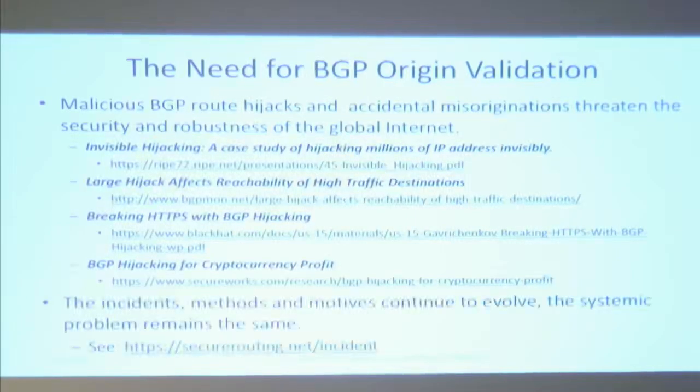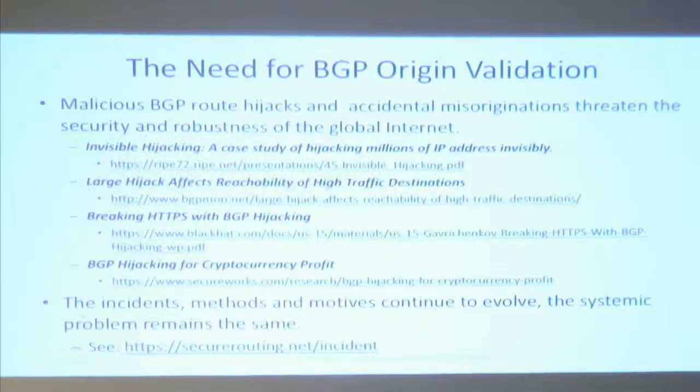So preventing prefix hijacks means finding out who is the legitimate originator of a prefix. And the idea is that the legitimate holder of the prefix is the one who should say who's authorized to originate it. So in the IETF for many years now, the IETF, the RIRs, the router vendors, and security people have been working on developing a system that would say who is the person with the right to use an address space.